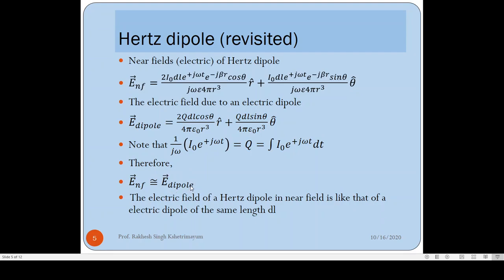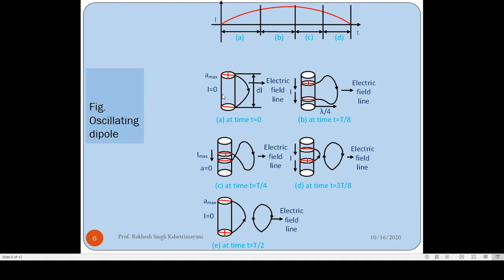So we'll assume that the Hertz dipole is basically an electric dipole, where you have a plus charge at the top and a minus charge at the bottom, and the distance between them is dl.